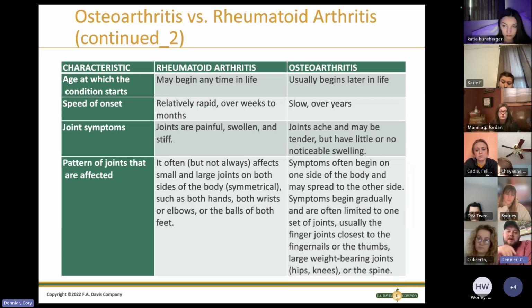Osteoarthritis, on the other side, it begins generally later in life because it's from wear and tear. Like babies are not born with osteoarthritis, but they can with RA. So the speed of onset with RA, it can be very rapid, over weeks or just months. With OA, it's very slow, and it takes years of progression and things like that. It continually gets worse.